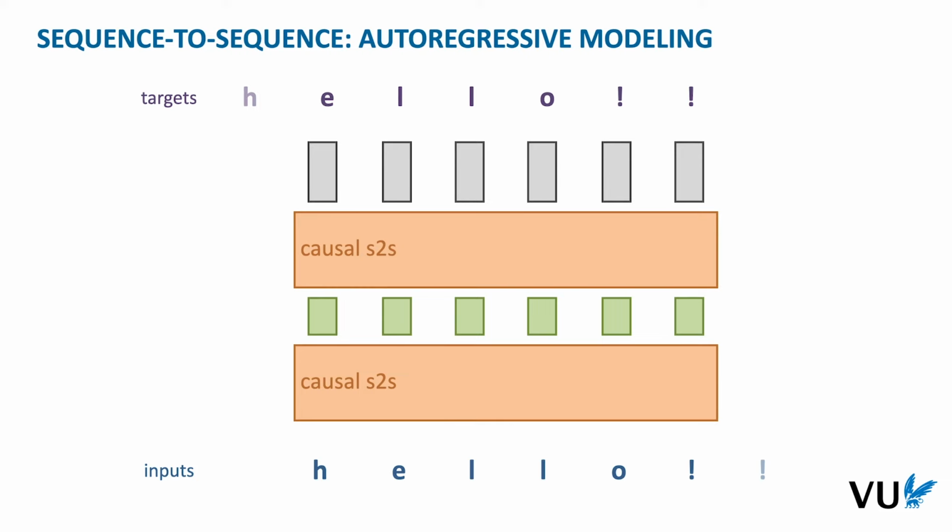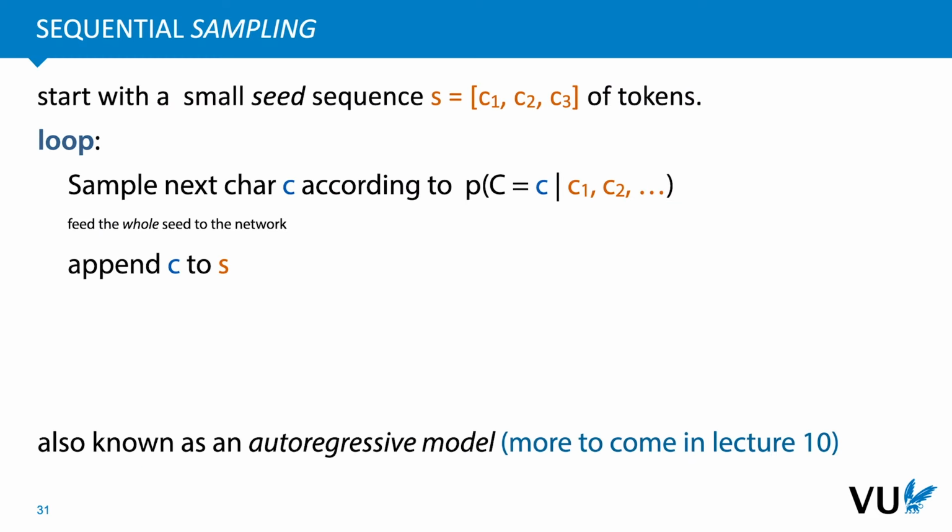And after training this model, assuming we've trained it successfully, what we're essentially building is a probability distribution on the next character in a sequence of characters. And given a successfully trained model like this, we can then do sequential sampling, which looks like this. We start with a small seed sequence of tokens, like characters. We sample our next character from this probability distribution of the next character given this particular sequence of characters, and this is the probability distribution that this network gives us.